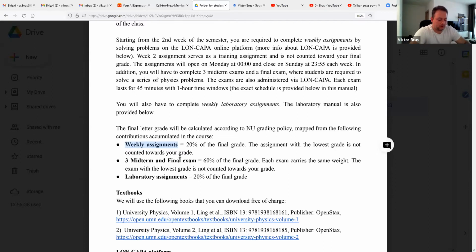During the whole course, every week, you will get weekly homework assignments, which will consist of something like 10, 12 problems within LON-CAPA. LON-CAPA is an online platform designed for online teaching of different courses, in particular physics, and it is very useful to organize the studying process of physics, because it provides the opportunity to solve problems online, submit your numerical solution with the units online, and be evaluated based on your performance.